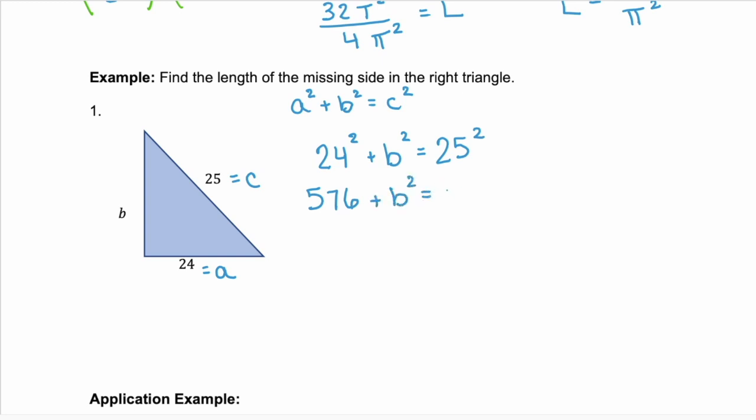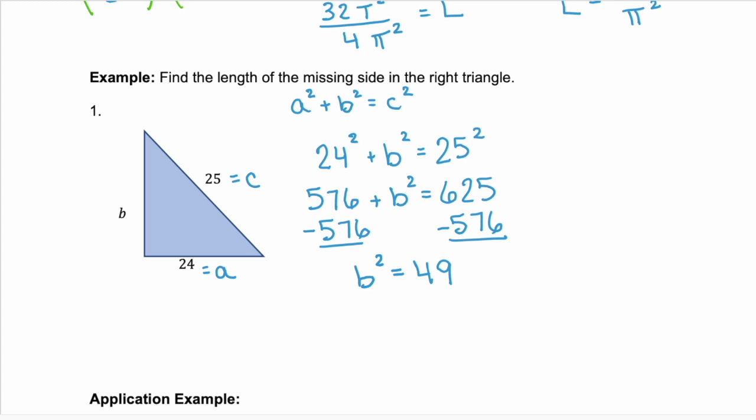And 25 squared is 625. So let's start combining like terms and isolating that b squared. So subtract 576 from both sides. That leaves us with b squared on the left, which equals 49.